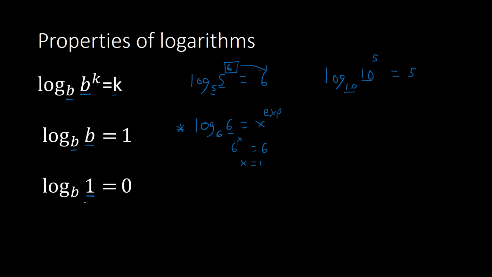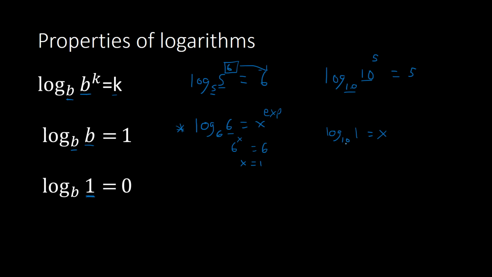This third property says that if you have any base, and this number here is a 1, that will always equal 0. The reason is the same as for the second one. If you were to take, let's say, log base 10 of 1, and you want to know what this is equal to, it's equal to something, so we'll call that x.